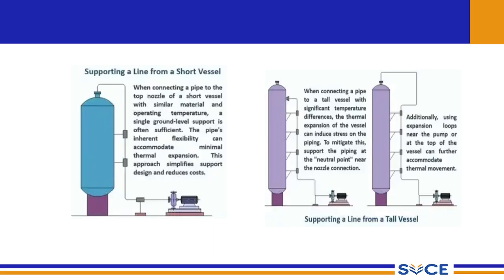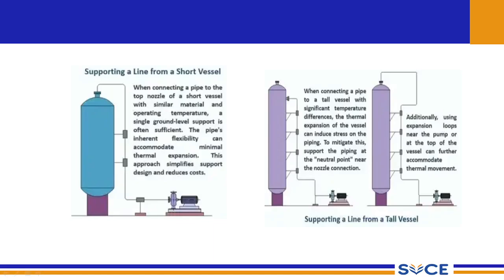So in order to have a uniform spacing of the piping from this short vessel, we may also install certain additional supports connected to the main short vessel, as you see in the picture. You can see that there are two supports attached to this vertical section.